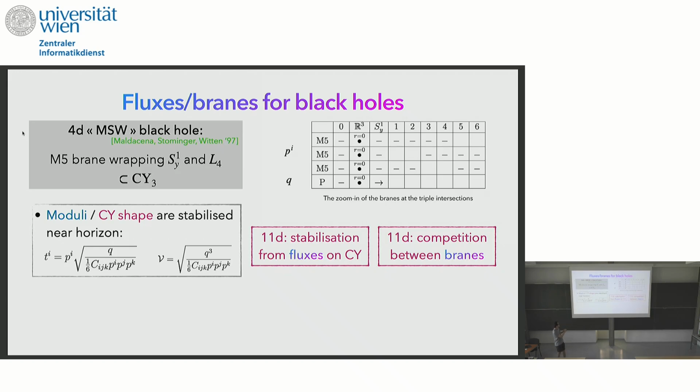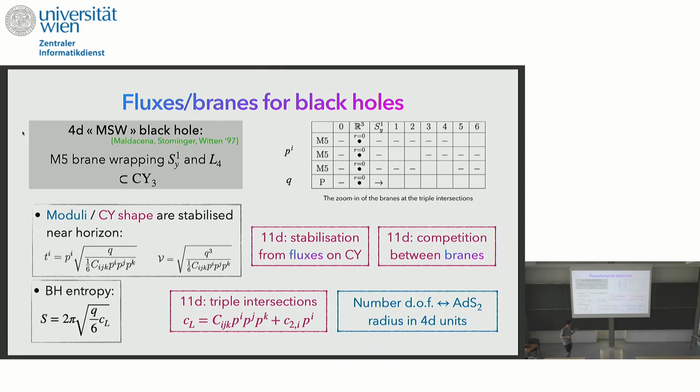So the size is the competition between the numbers of branes wrapping parallel or perpendicular to the cycle.